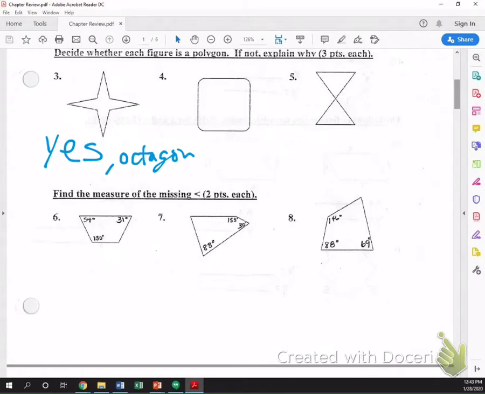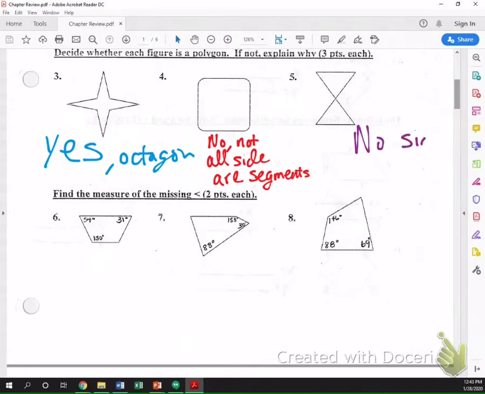Number 4. No. Why is this a no? Not all sides are segments. What do you guys think on number 3? No. Why not? It intersects at an endpoint.